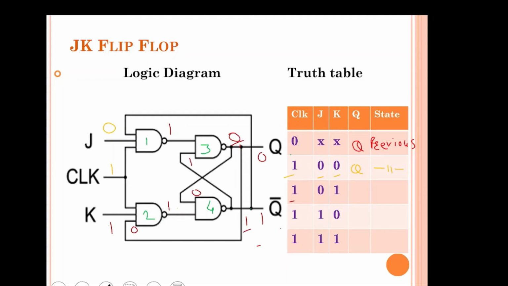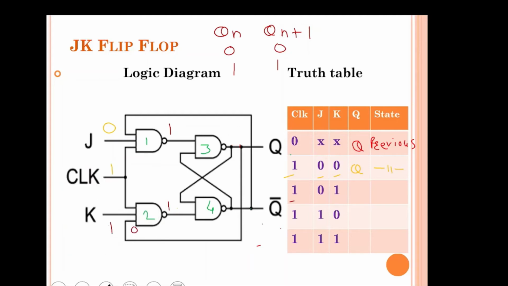So here we have assumed that the previous state Qn was 0 1, and then we have got Qn plus 1, that is 0 1. Now we have to check for another previous output condition. So let me erase this previous output and then let me check it.